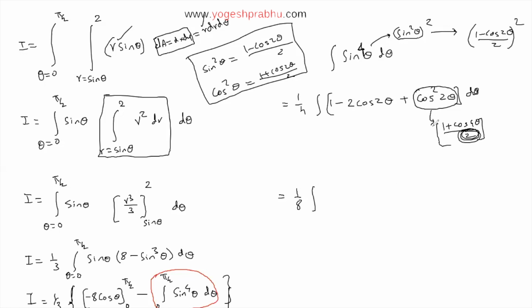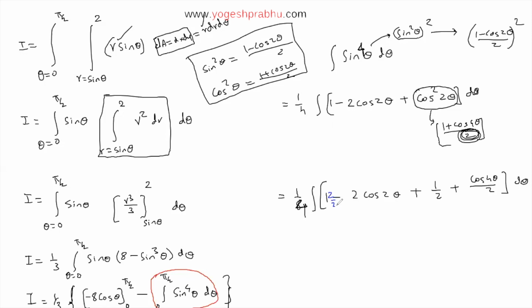Now what I'll do is, 1 minute, let me write it. This is 1 over 4, the original 1 over 4. This is 1 minus 2 cos 2 theta plus 1 over 2 plus cos 4 theta over 2. Is it correct? Okay. Now I can do the adjustment like this.